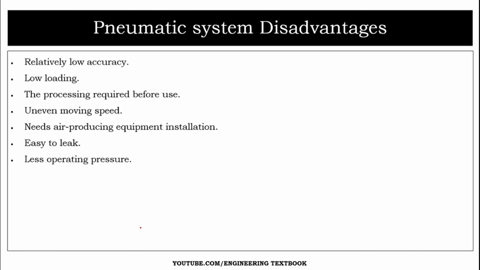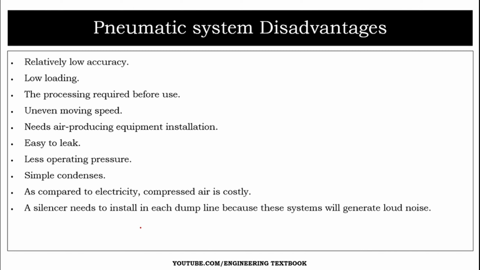Less operating pressure, simple condensation. As compared to electricity, compressed air is more costly. A silencer needs to be installed in each dump line because these systems generate a lot of noise.